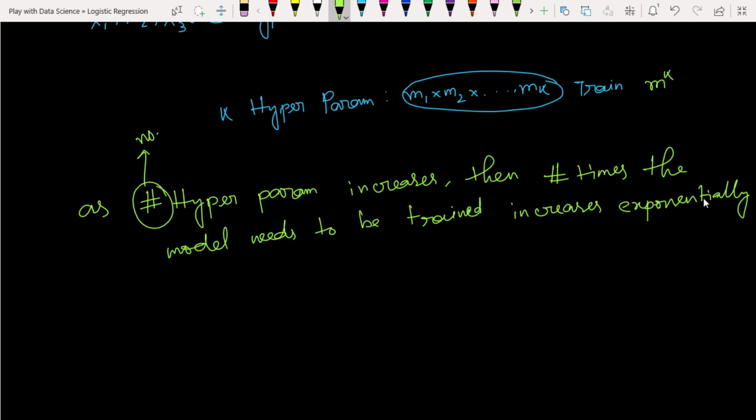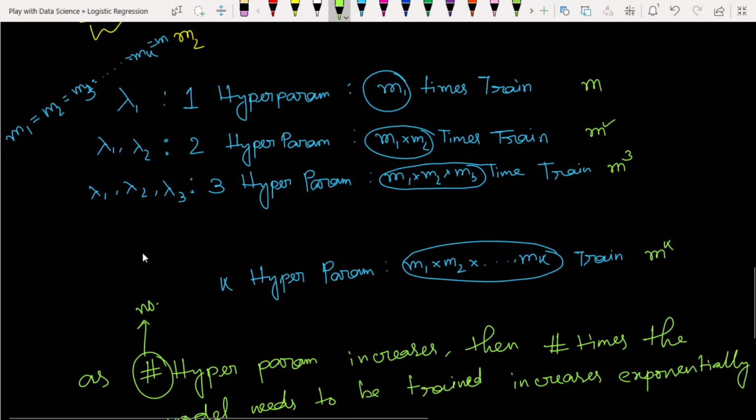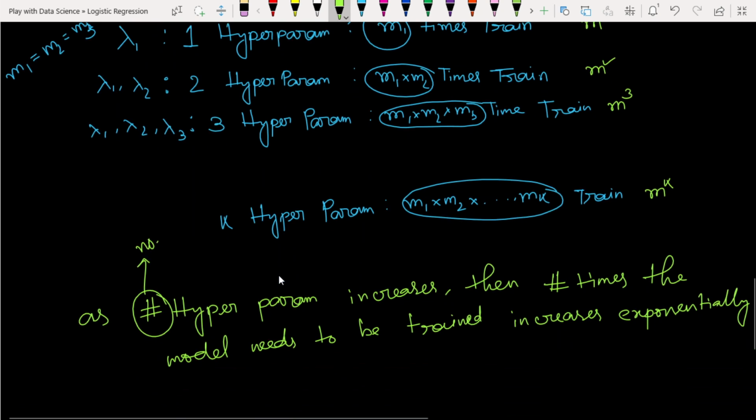You can see that as hyperparameters increase, the number of times we need to train our model increases dramatically, that is, exponentially.